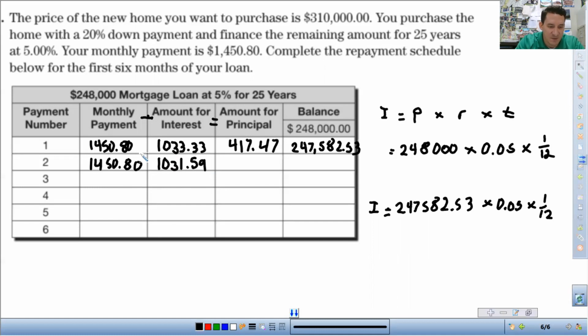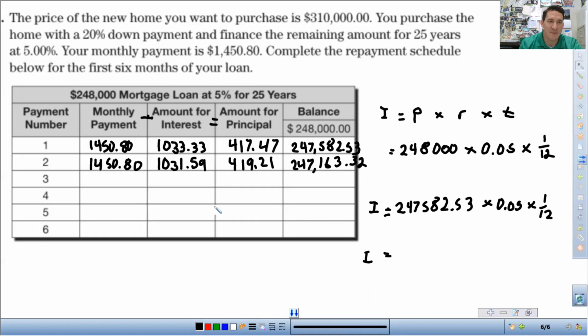So 1450.80 minus 1,031.59 comes out to 419.21. And then you subtract from the previous balance of 247,582.53 minus 419.21, which comes out to $247,163.32.